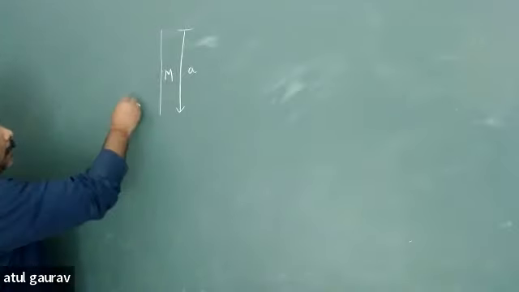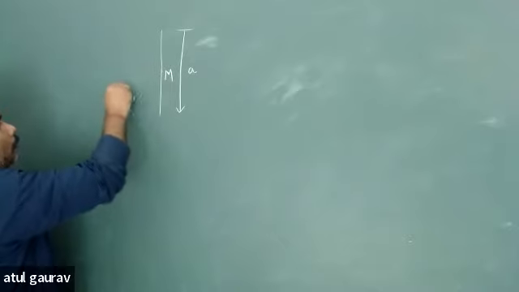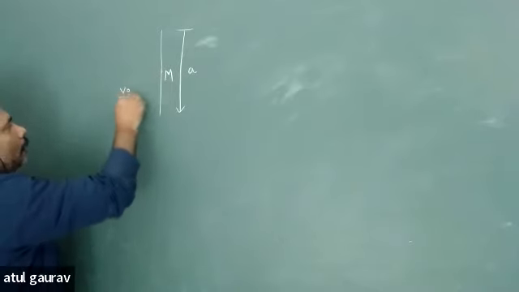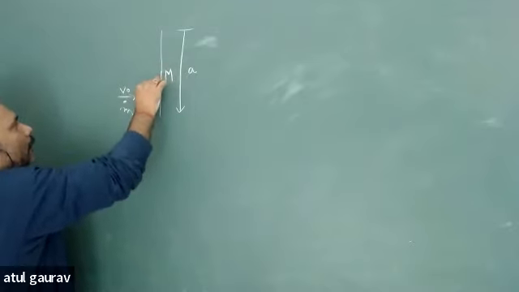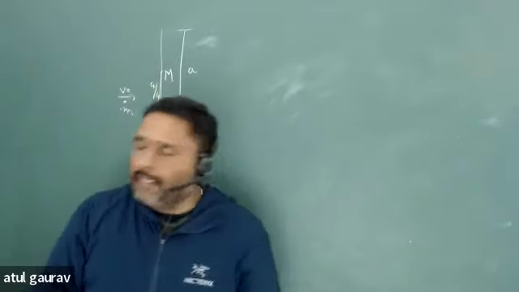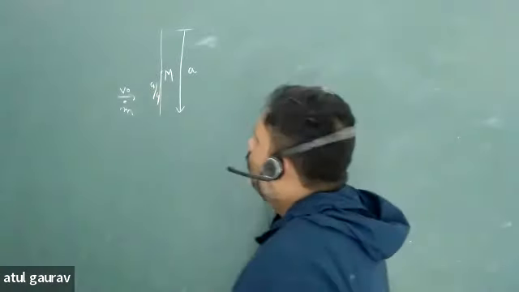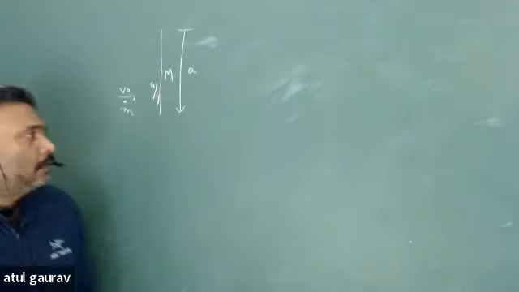And what will happen? A particle of small m with velocity v naught collides at distance a/4. कितने डिस्टेंस पे कोलाइड कर रहा है? a/4. After the collision, look here.